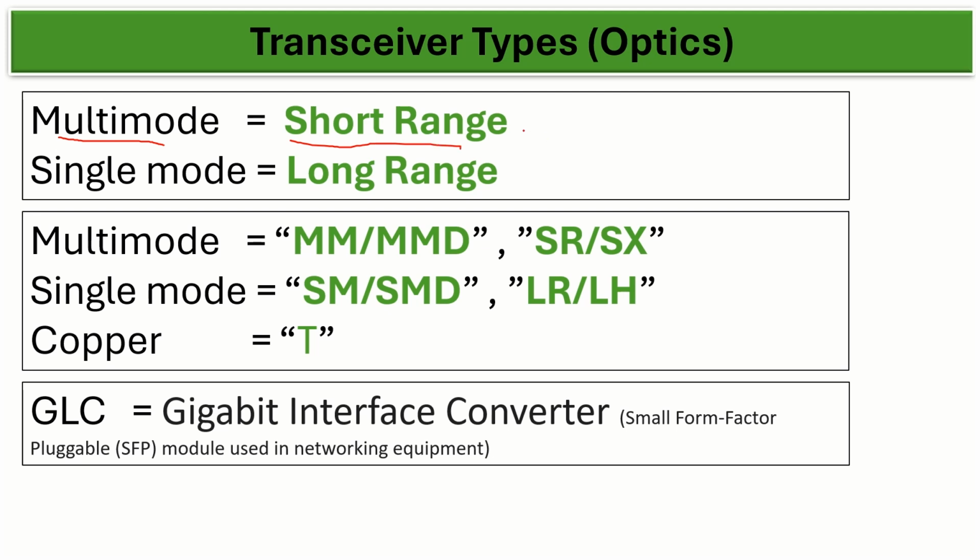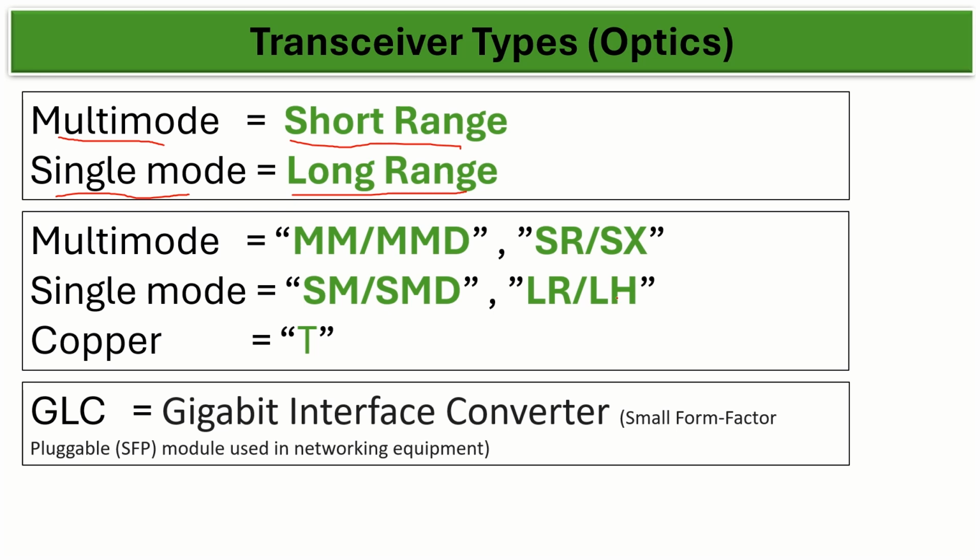That is why multi-mode fiber optics are used inside the campus environment, within the building or within the room or the rack. However, single mode can travel longer distances. That is why on the WAN side, WAN connectivities, or inter-building when buildings are far away, long range fiber type or patch cords can be used.